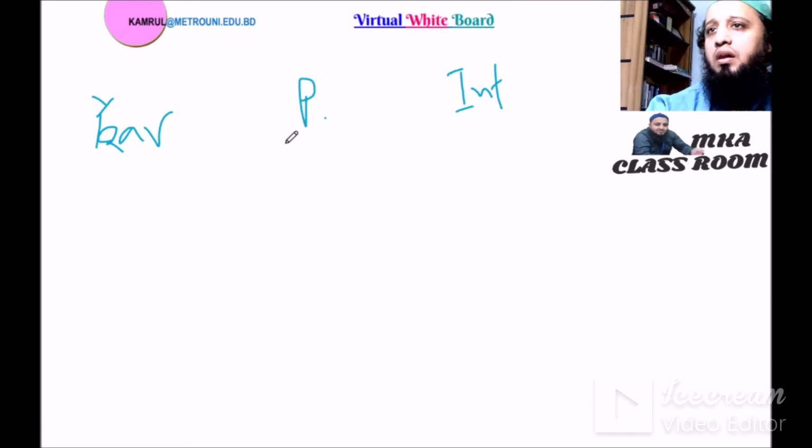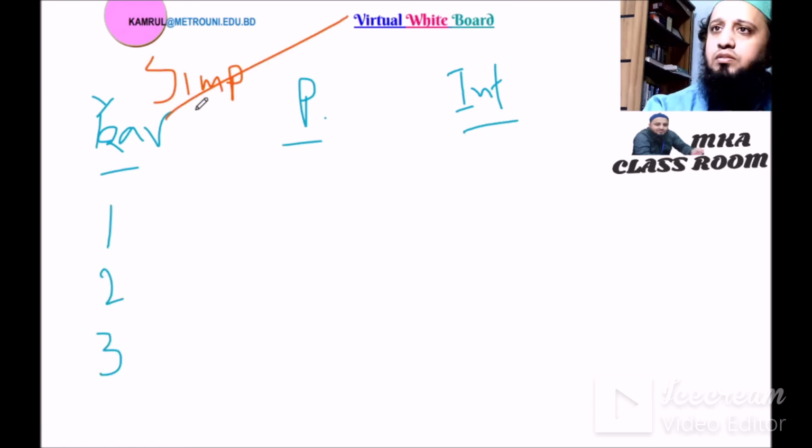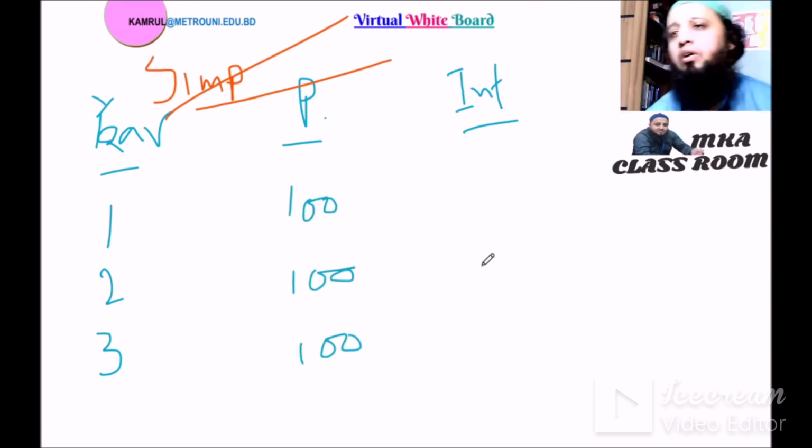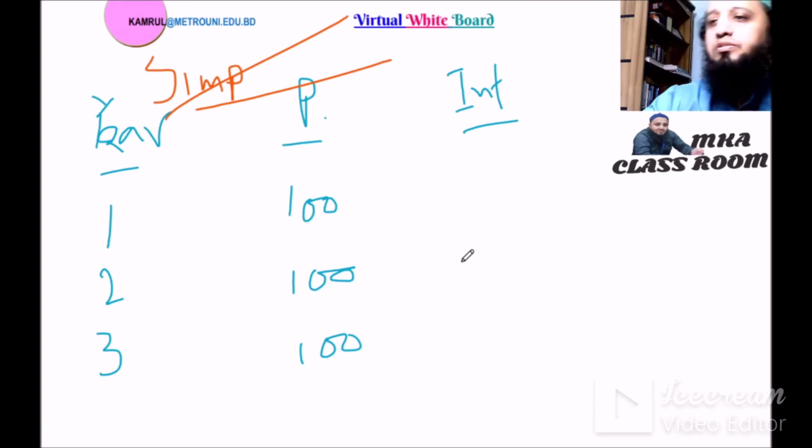For the simple interest, we are calculating simple interest first. The principal amount is 100, and it stays 100, because interest will not be reinvested again for simple interest.